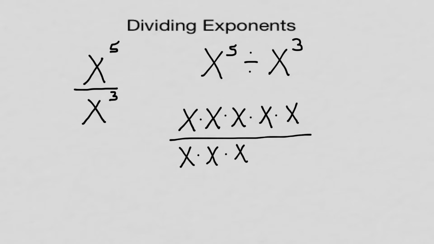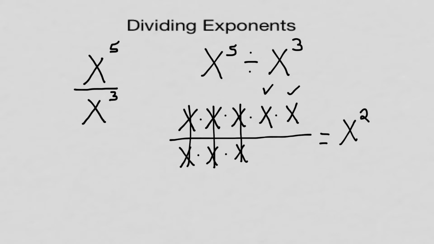So I hope you see that now we can start doing canceling. I like canceling. Canceling's fun. 1, 2, 3. So x to the fifth over x to the third, or you can say it x to the fifth divided by x to the third equals x times x, which is x to the second.